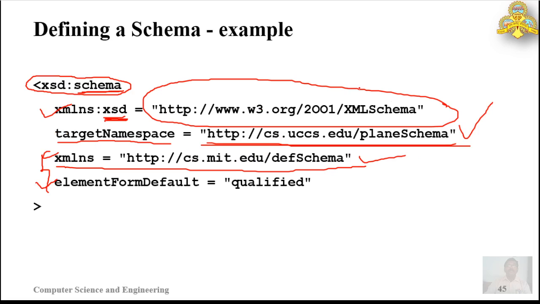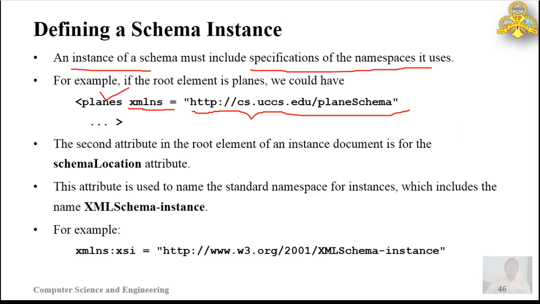This is explained. So XSD is declared here according to the XML schema definition. The target namespace is here, so the namespace is taken from this place. So now the XML planes will have the definition from this namespace, and we have to provide the location from where it is.